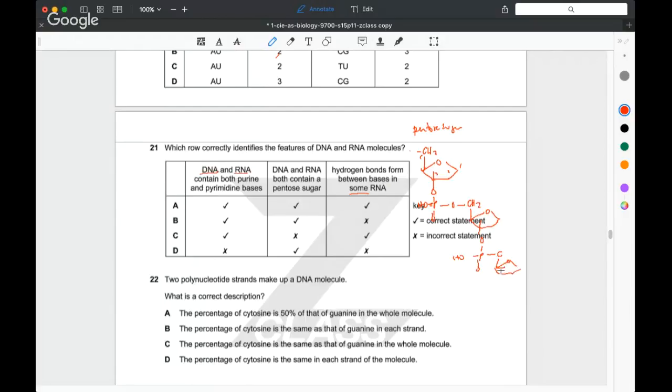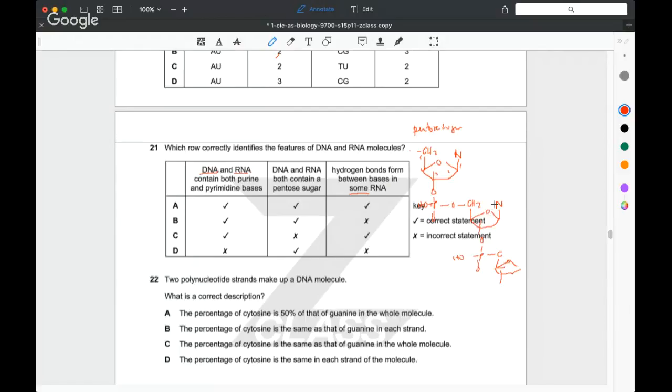I'm rushing now a bit, and that's carbon 3 there. So you can see here that we're going from 5 to 3. There's a direction in these nucleic acids. All right, and on carbon number 1, if I can rub out that 5 to 3 direction, that's where the nitrogenous base goes.